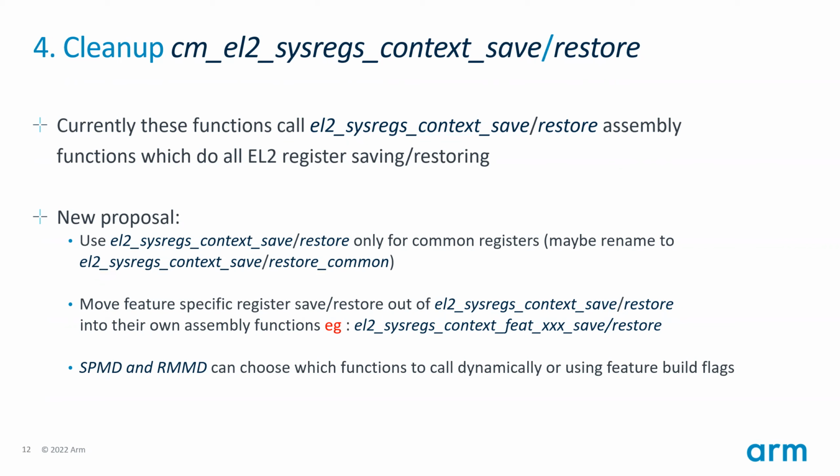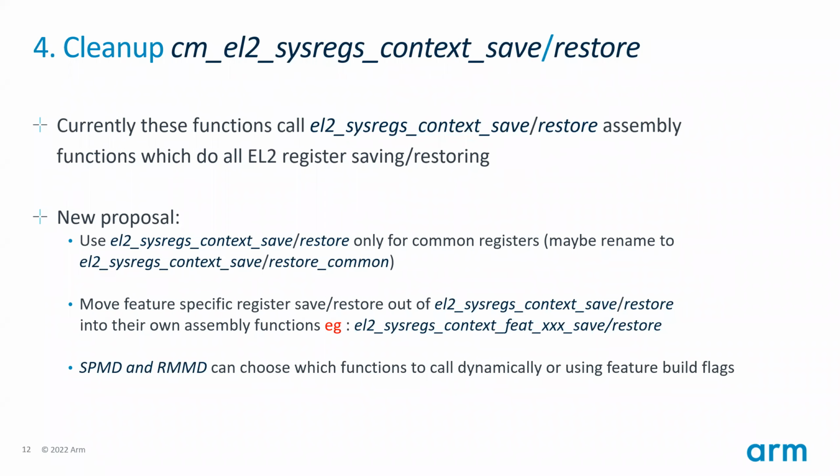So what we want to do is split this function into multiple assembly functions, each for a specific feature. For example, we will have something like L2 sysreg context, some feature, and save restore. So if we do that, then SPMD and RMMD, depending on feature build flags statically, or they can dynamically check for enabled features, and they can call the corresponding functions.